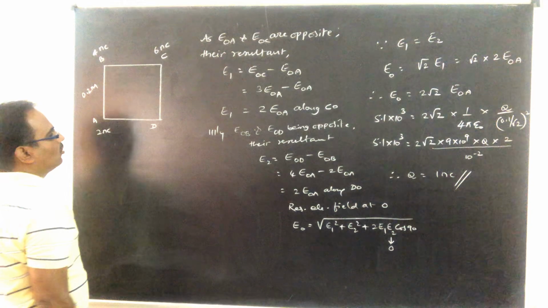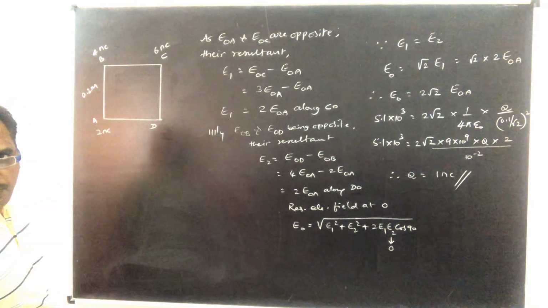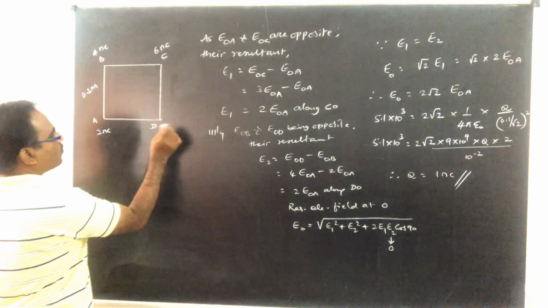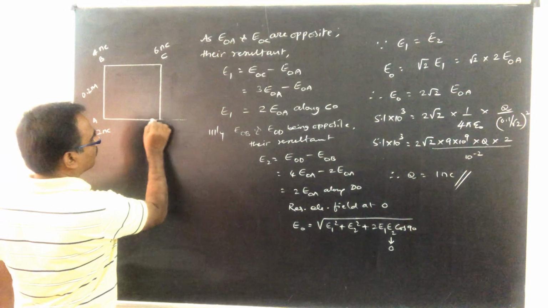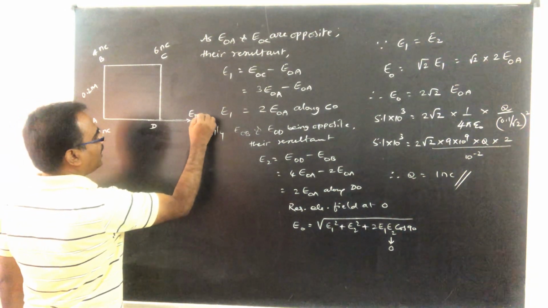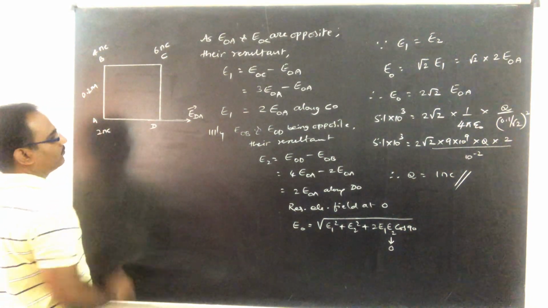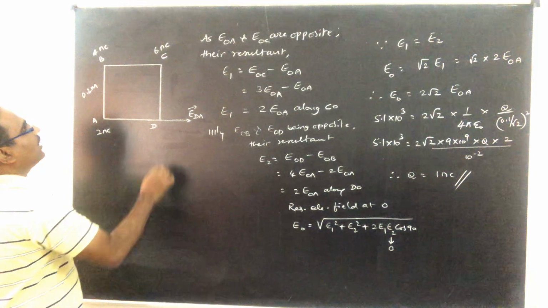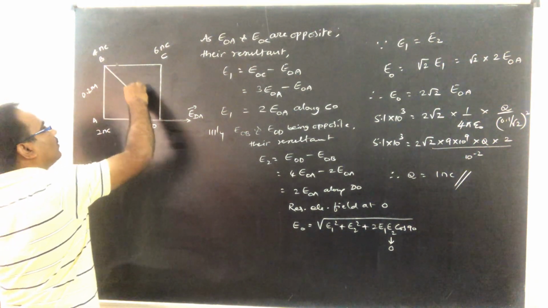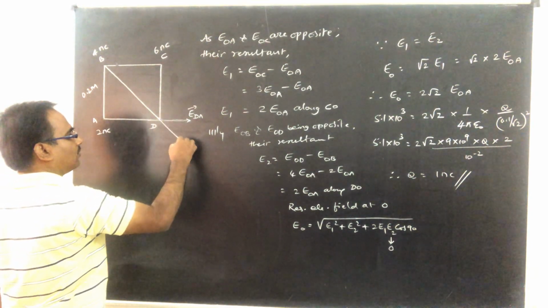So first you represent the directions of the electric field at D due to the individual charges. Due to the charge at A, at this point the electric field is in this direction. So this is EDA, the electric field at D due to the charge at A. Similarly, due to the charge at B, this is the direction of this electric field.